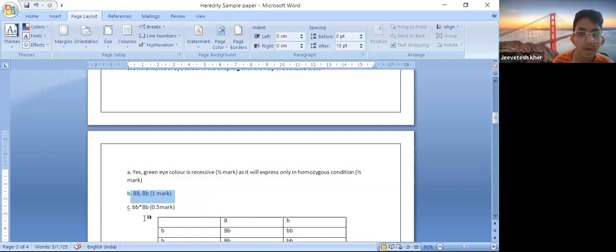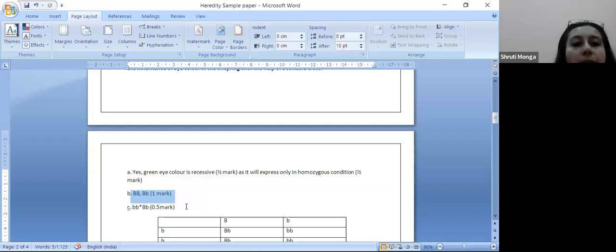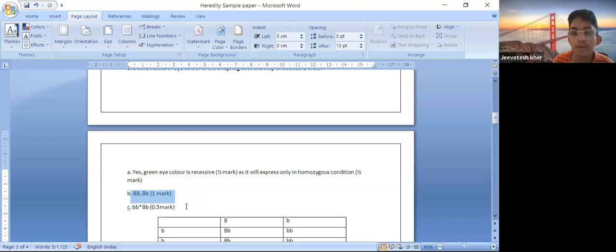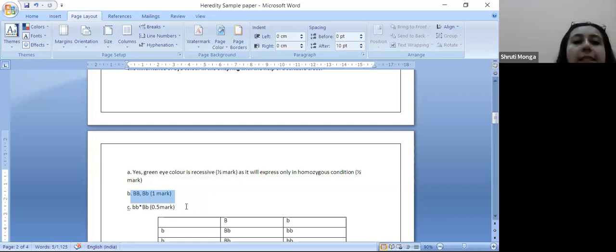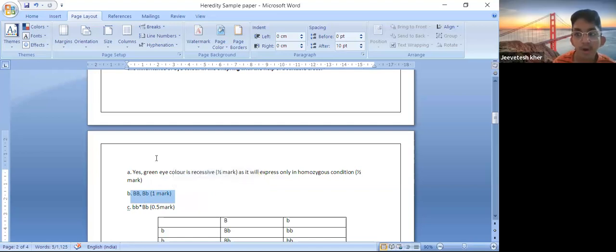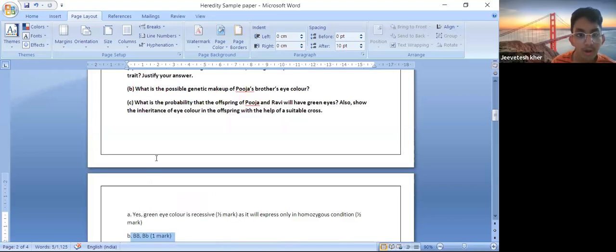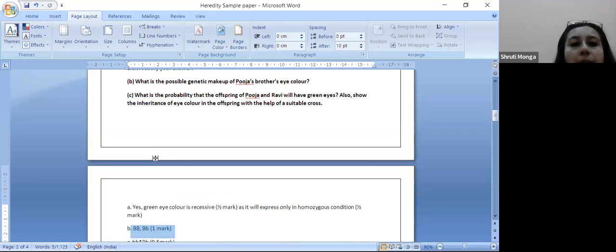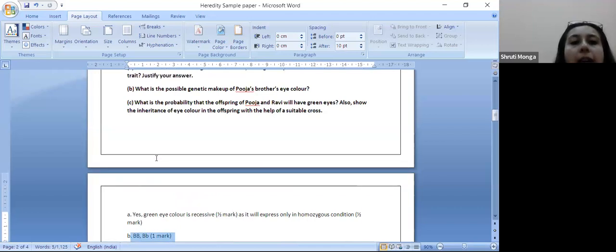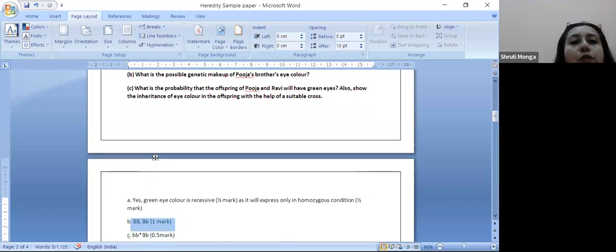Yes, both the possibilities can be there. For Pooja, it will be small b small b, recessive. And for the dominant, capital B.